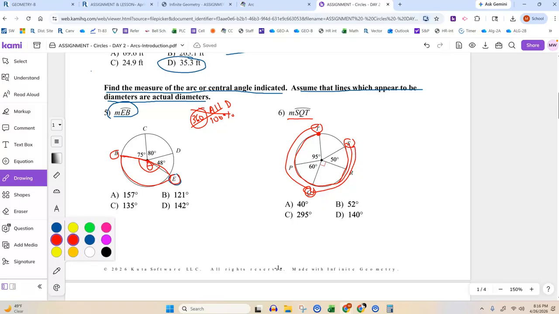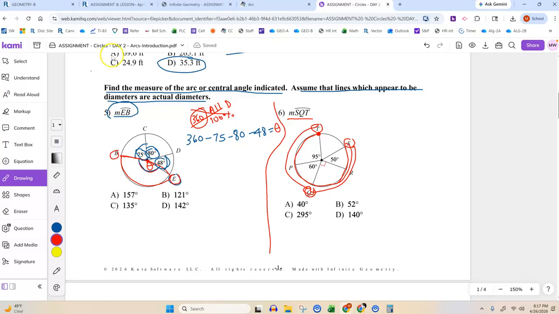Well, one of the things that you see over here is you have 75 here, 80 here, 48 here. So what it's going to be is 360 minus 75 for this one, minus 80, minus 48, and that's going to equal this part right here, or the theta, right?